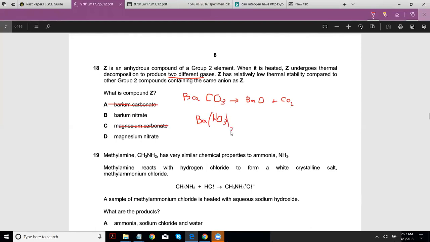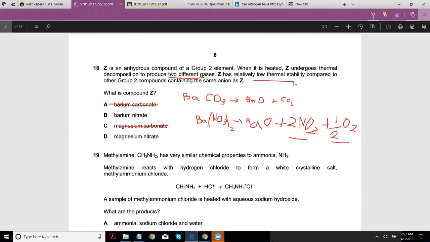If it's a nitrate on the other hand, so you do get that because it still makes, आपका क्या BaO plus 2NO2 plus half O2, excuse the handwriting. सही है?